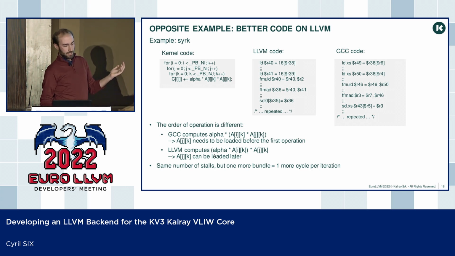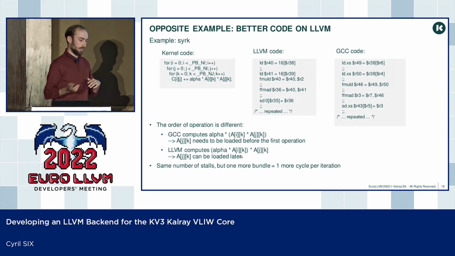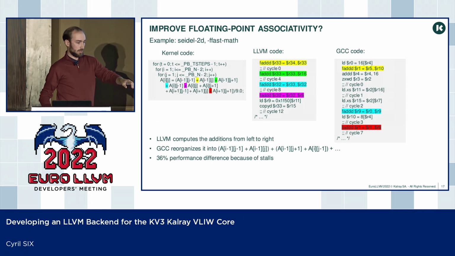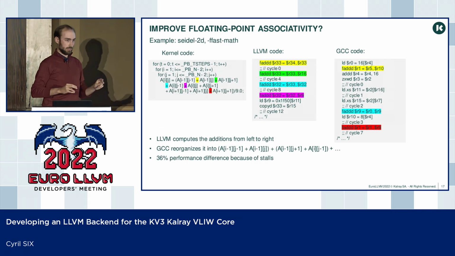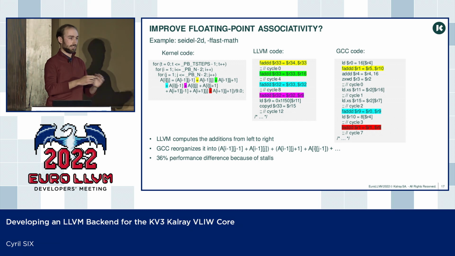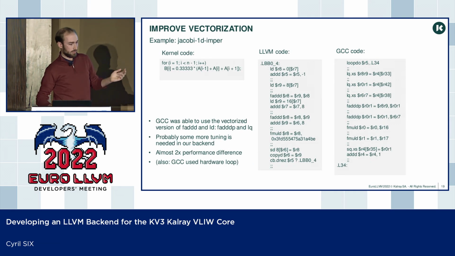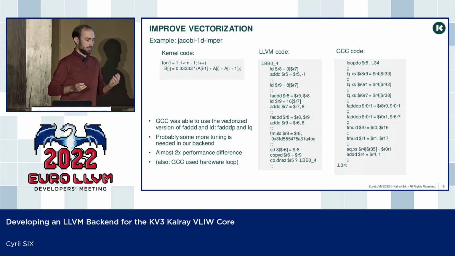On the other hand, LLVM was computing alpha times A[i][k], so you could load A[j][k] at the same time as you do the multiplication. So that's why there are only 4 bundles in LLVM and 5 bundles in GCC. This is an example that can be improved in all the backends, because I saw that it was doing the same thing on x86 and ARM.